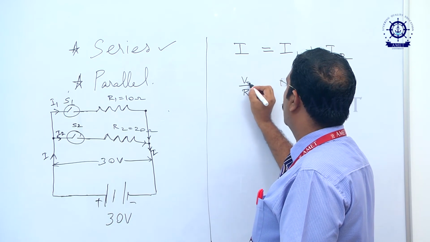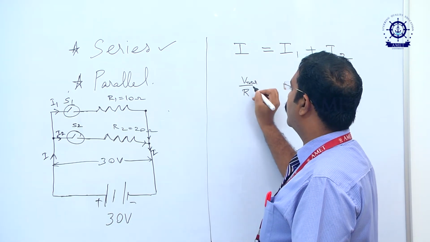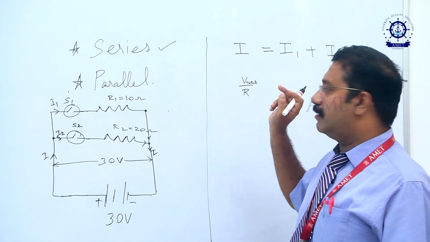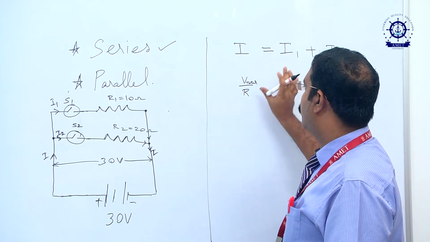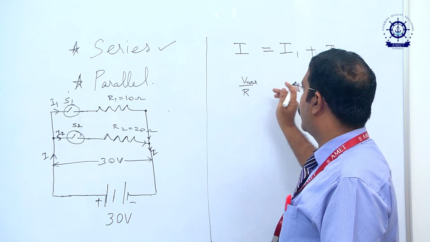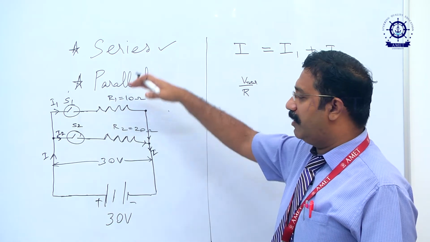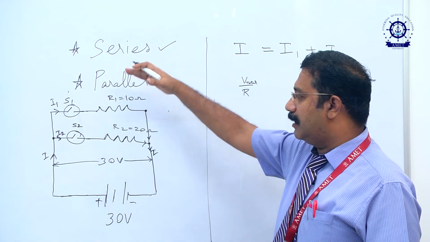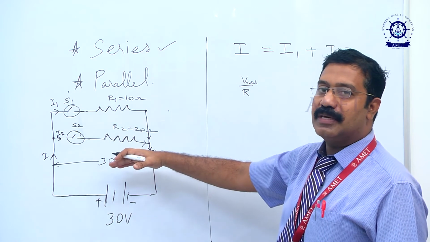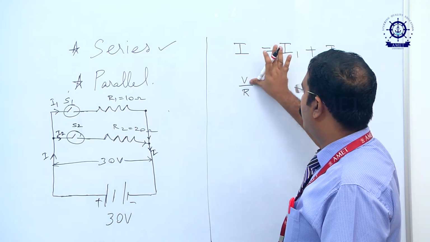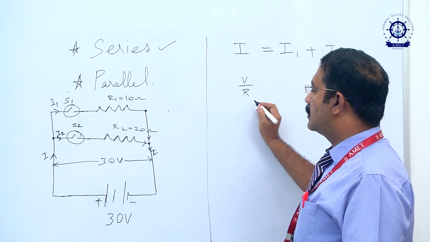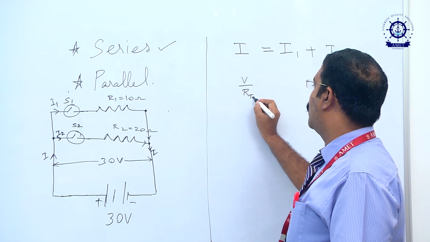I is equal to V by R, where V is the total voltage. But we know that the voltage in a parallel circuit is the same. Therefore, we don't need to have this total. This resistance will be the total or equivalent resistance.